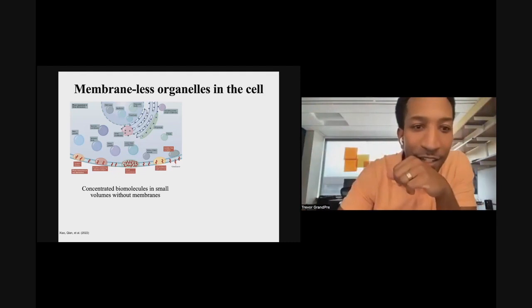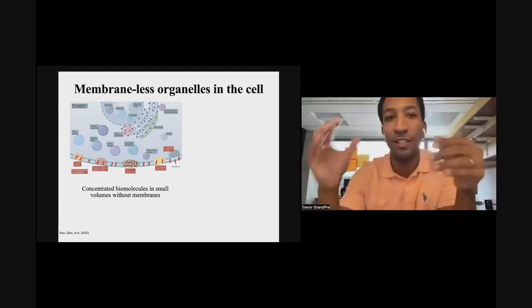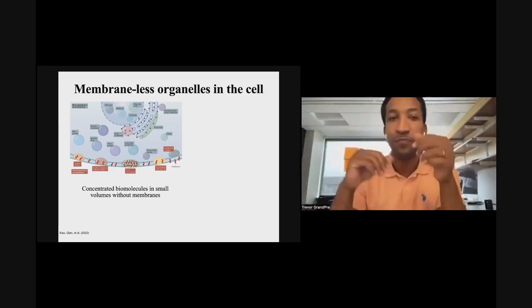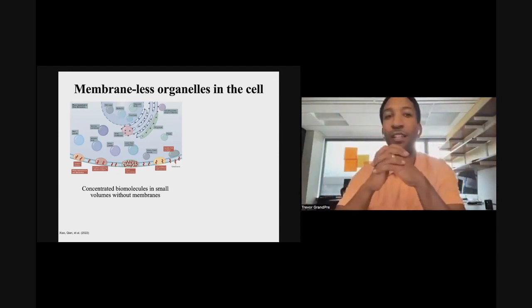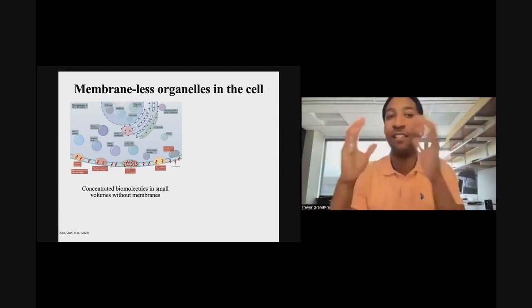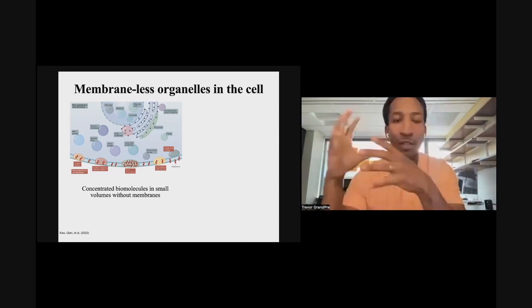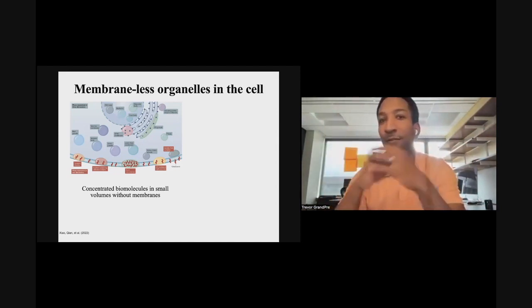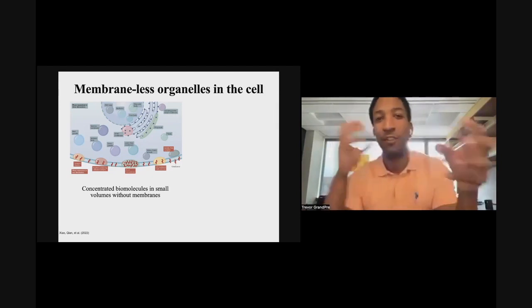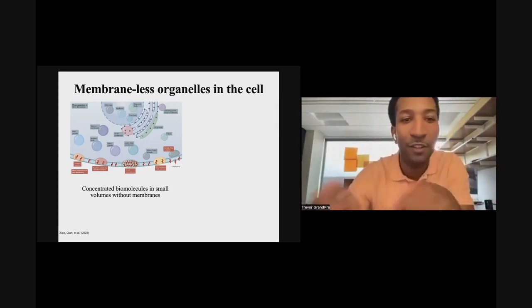So for instance, let's look at the nucleolus within the nucleus. This is something that has no membrane, and it's just a whole bunch of interacting nucleotides that are keeping them compact. And so the same thing for the other droplets here.